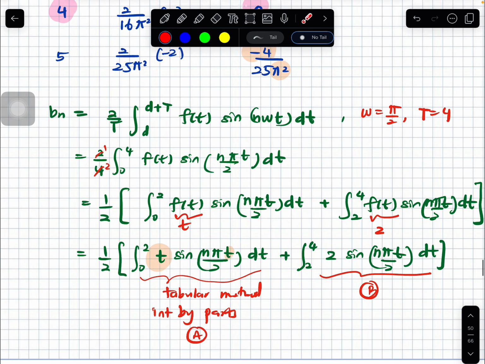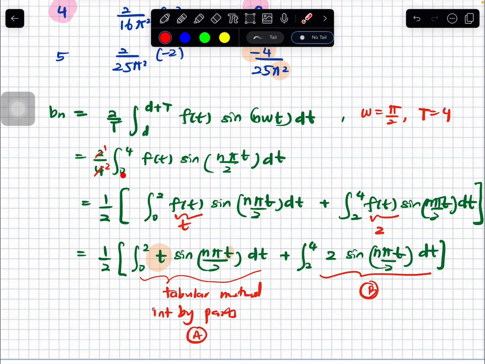Okay, now we move to bn. To find bn, we just plug in the formula 2 over T times the integral of this. Okay, remember, you have to substitute the value of the period, capital T, and also omega. So here we take note omega is pi over 2 and T is 4. We plug into the function.